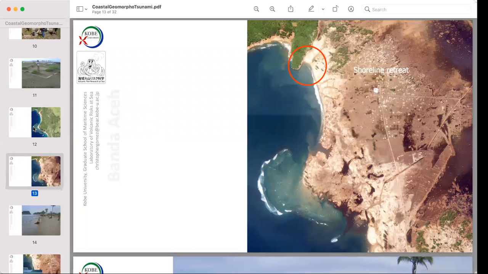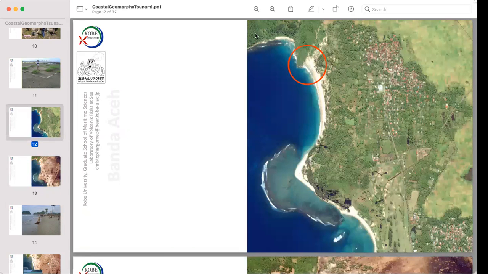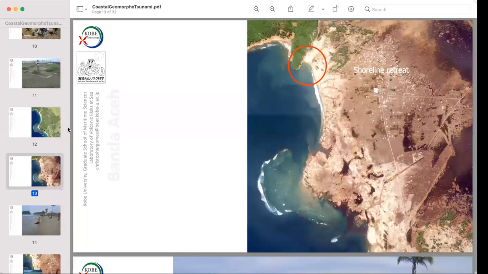And to go back to my story here, what we can see is in the north of that area, this is the shoreline. And here you have some rock, which are cliffs on the side. After the tsunami, you can see that the sand is gone, and the only thing that remains are the beach rock, so much harder.